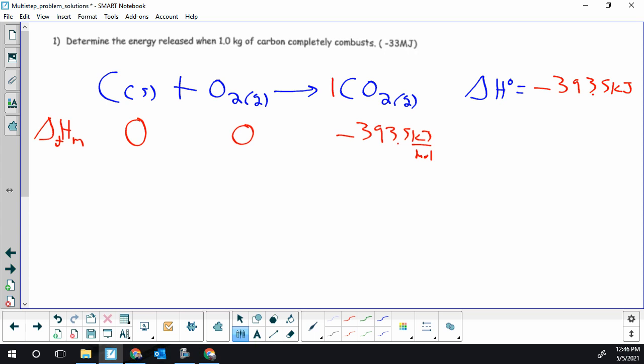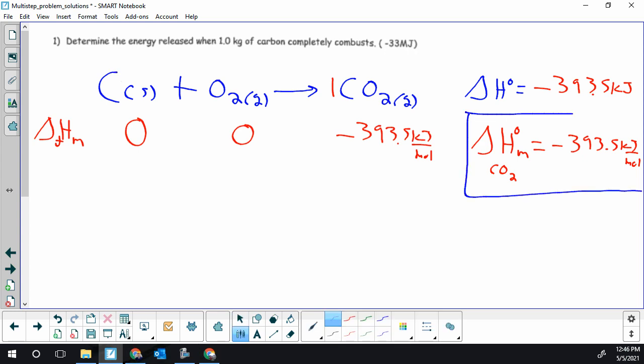Now ultimately what we're going to want is the molar enthalpy of reaction of carbon dioxide, which, because this is a formation reaction, is the value we looked up. So this is the key value that we had to look up.